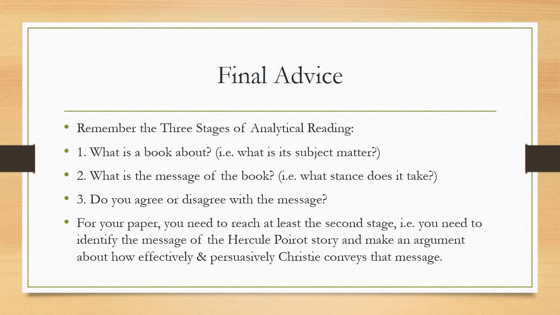That's more challenging, and you don't necessarily have to argue that she communicates the message effectively or not. And whether you agree with the message or not isn't necessarily pertinent to how well she conveys it, but thinking that through could help you answer the question of whether she conveys the message effectively or not, right?